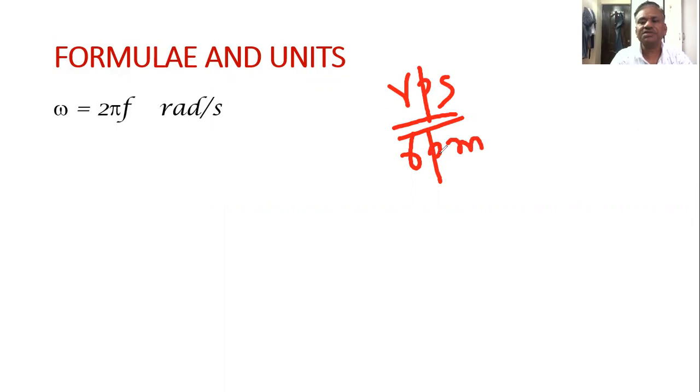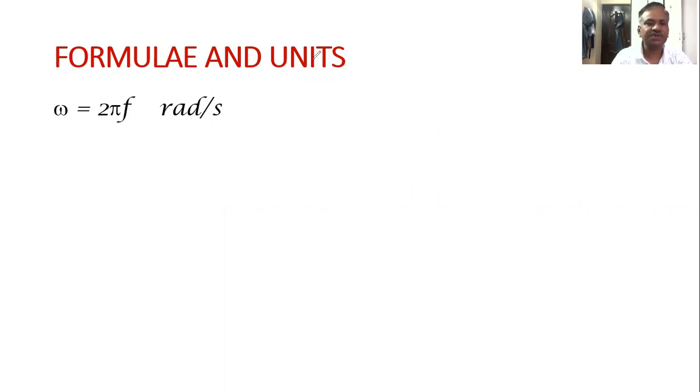If it is RPM, then you have to convert it into RPS by dividing by 60. The unit of omega is radian per second.